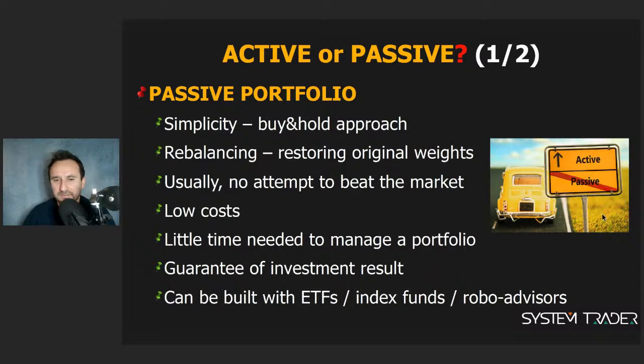But a great advantage of this approach is that, at least technically, you cannot break almost anything, because you just buy something and hold it, and that's it. So there is no risk that you found something in the data, for example, or that you are trying to time the market without any strategy and that you will be beaten by the market, because here you just buy the whole market and you hold it.